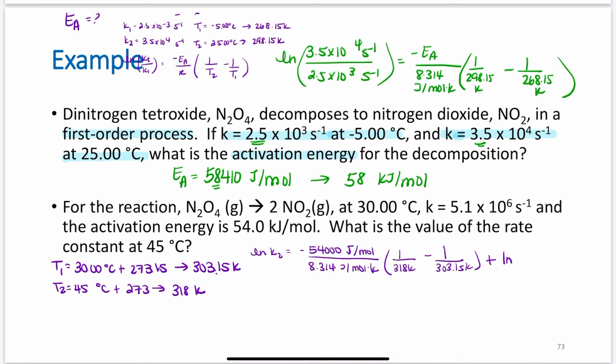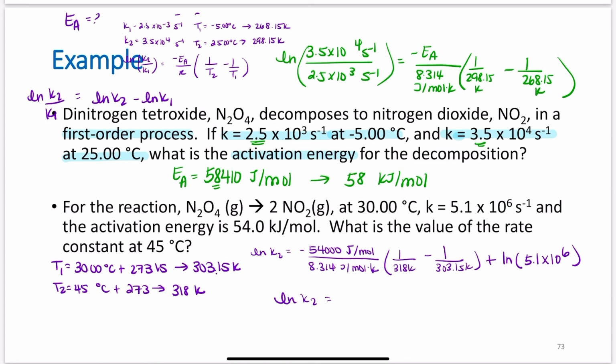Plus natural log of K1, which is 5.1 times 10 to the 6th. If you're unsure how I undid that, remember that the natural log of K2 divided by K1 is equal to natural log of K2 minus natural log of K1. So then I added ln K1 to both sides. So that's your log rules coming back into play.